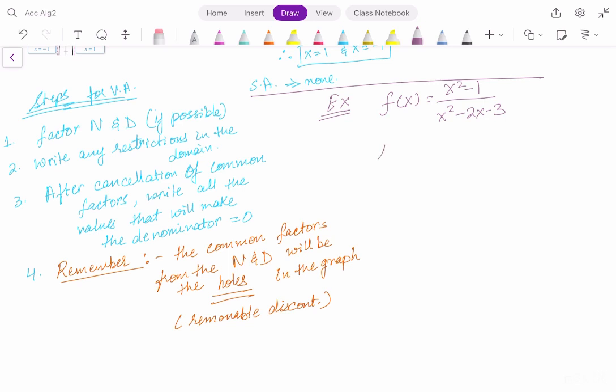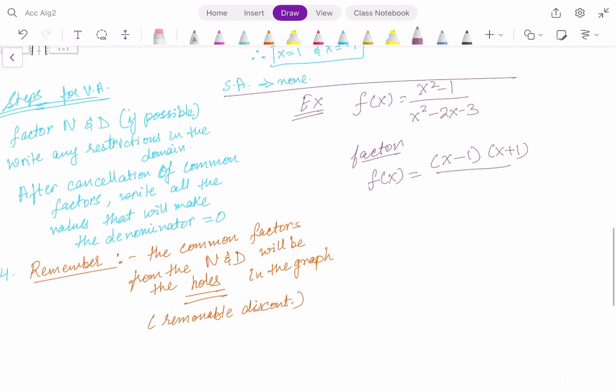Now take a moment and think how we can factor the function. In the numerator we have a minus b times a plus b. Can I factor the quadratic? x squared minus 2x minus 3 will give you x plus 1 times x minus 3.